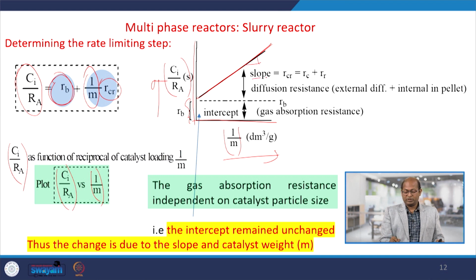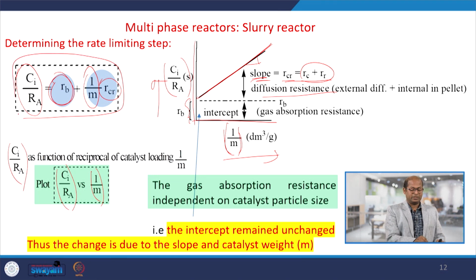Slope equals this Rcr. If we plot Ci by Ra against 1 by m, the intercept would be Rb and the slope would be Rcr, that equals Rc plus Rr. Okay, so graphically we can express the final equation this way. This is the gas absorption resistance.